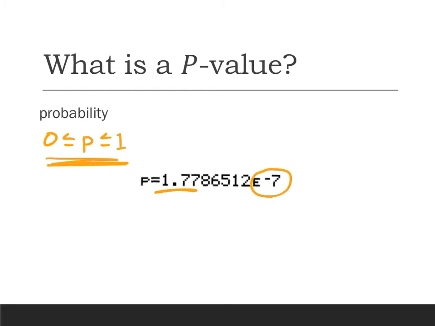But don't forget, our calculator knows that it's calculating a probability, so it will be between 0 and 1. If you think you're getting something bigger than 1, always remember to look at the far right-hand side and see what type of scientific notation we're dealing with.